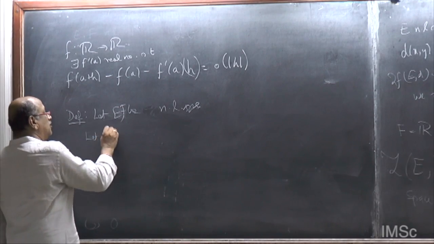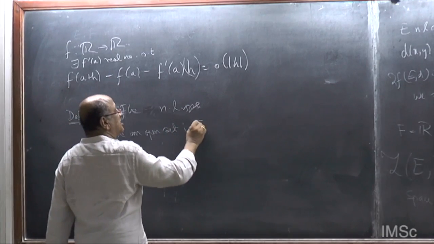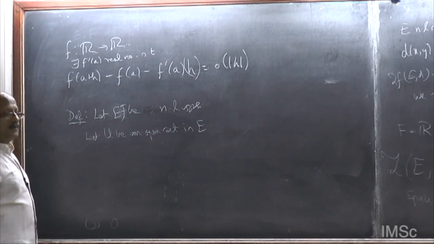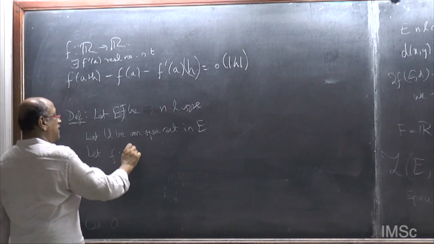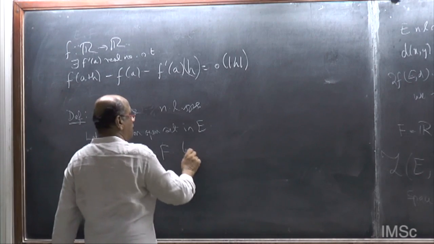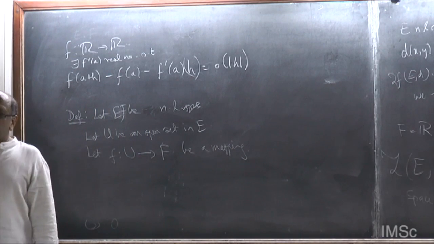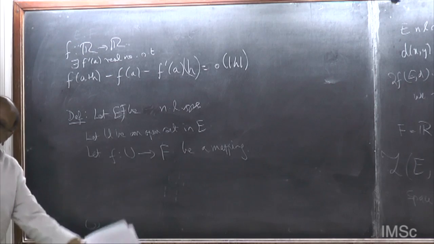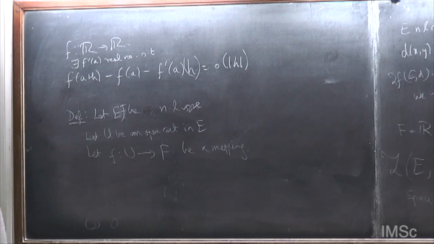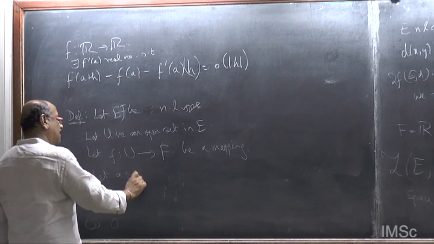Let U be an open set, let f be a mapping from U to F. So, I have a normed linear space, I have an open set there. From that open set, I have a function which takes values in some other normed linear space. Let a belong to U.